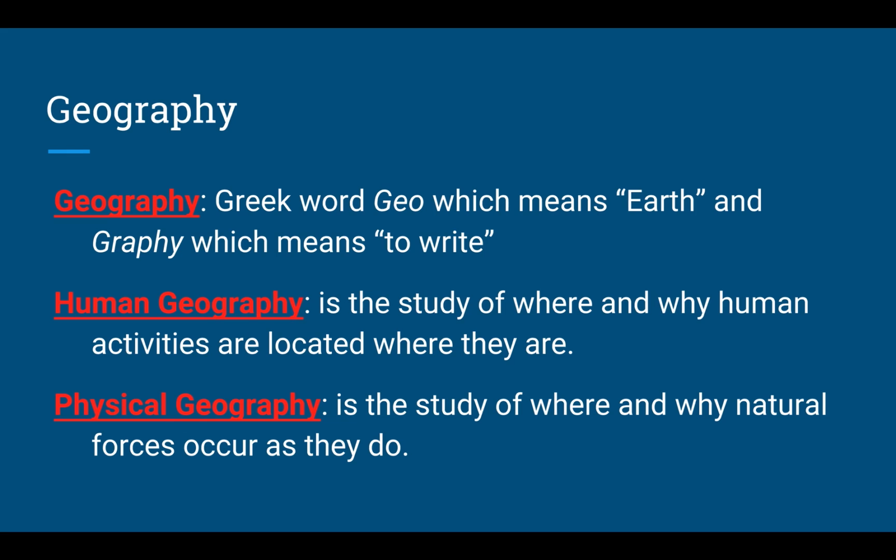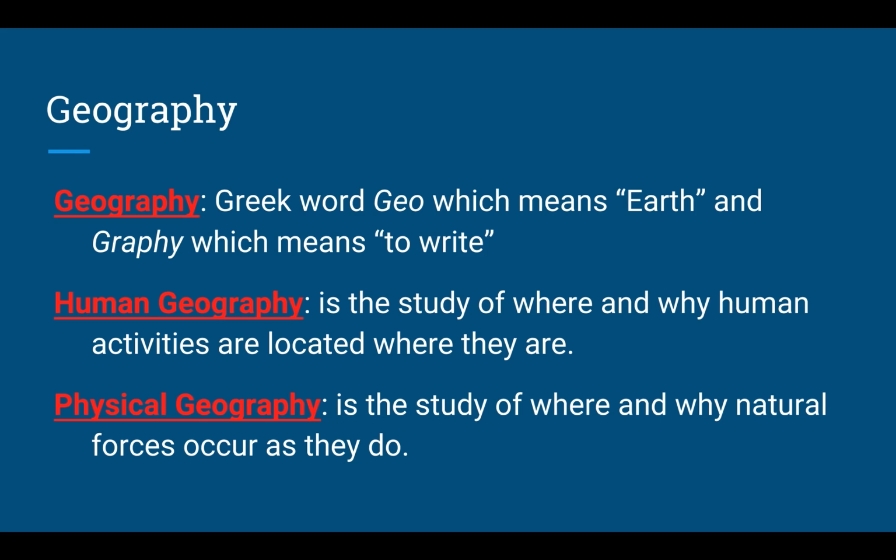And then, of course, we have our second category, which is physical geography. Physical geography is the study of where and why natural forces occur as they do. In regards to physical geography, we will talk about where something is located: the mountains, maybe rivers, oceans, continents, and so on.